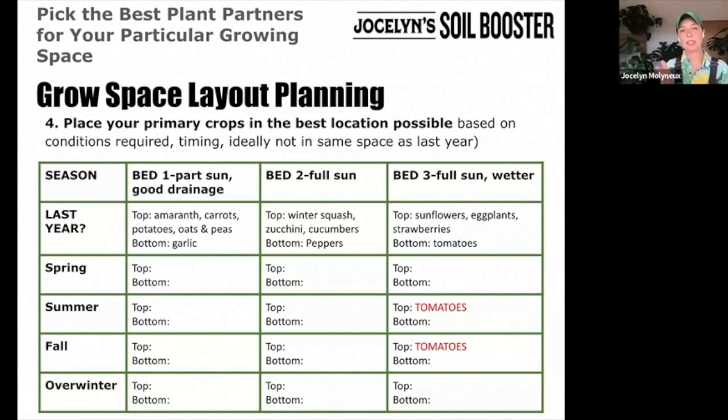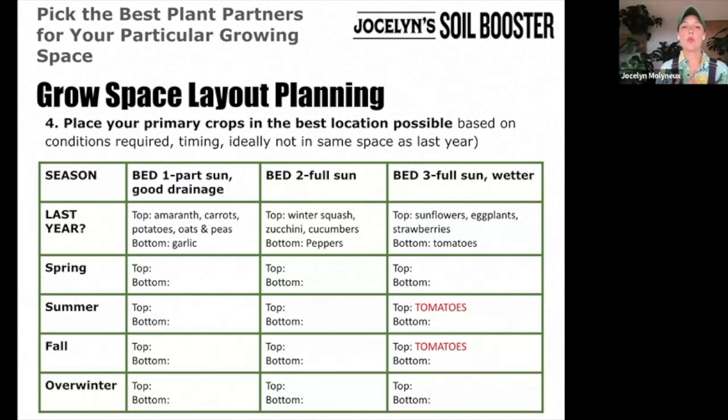The other thing that this chart allows you to do is to start to get a bit of a handle on the timing. So we know, because tomatoes are tropical plants, they're heat lovers, they are very, very sensitive to cold and frost.